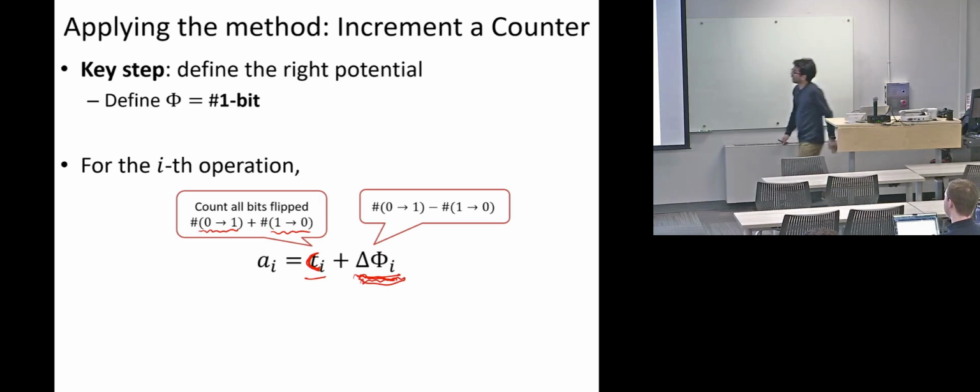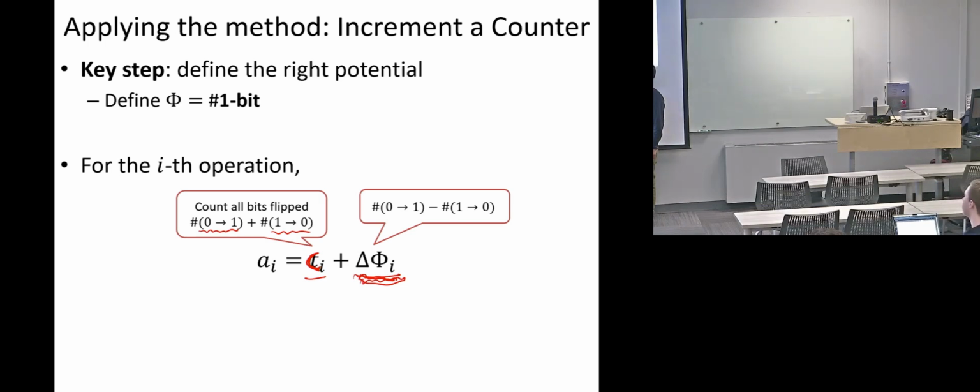Well, it's going to be exactly the number of bits that are flipped from 0 to 1, where each of these will increase the potential by 1. And each bit that is flipped from 1 to 0 will decrease the potential, so you get a minus term here. So this is just A_i, this thing plus this thing.